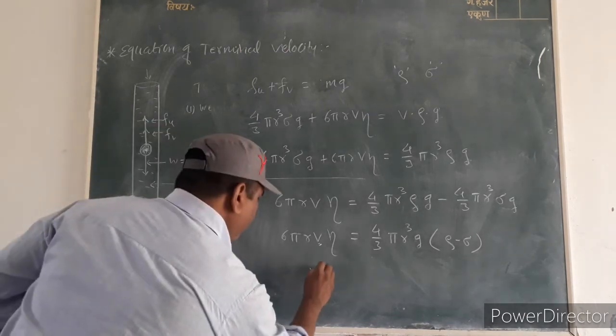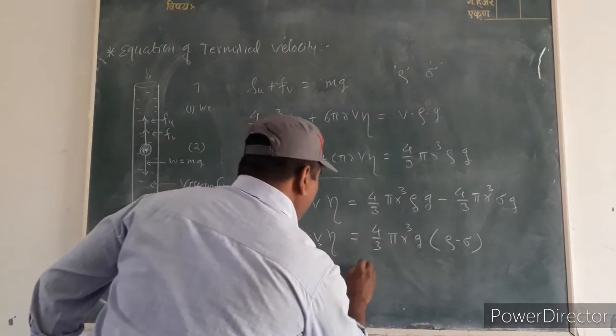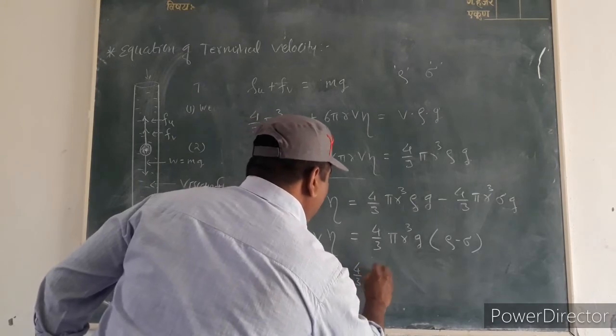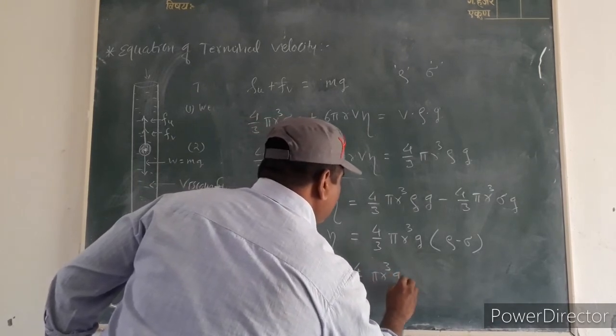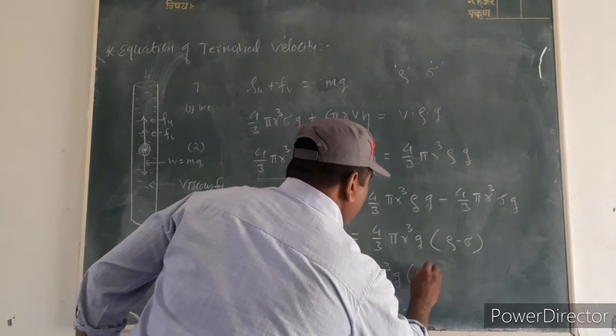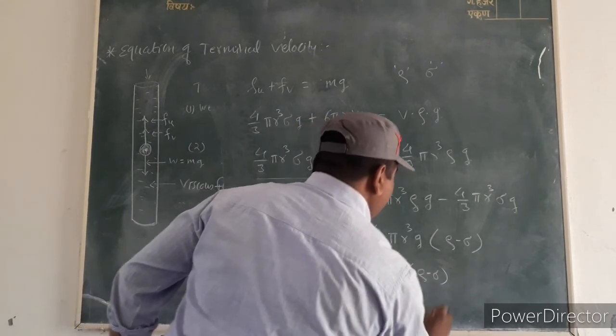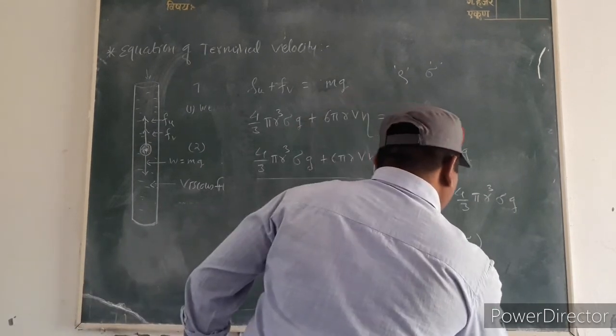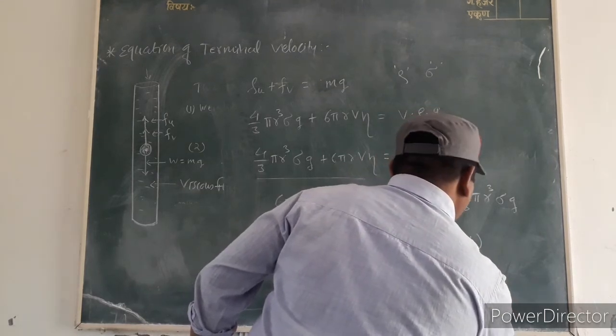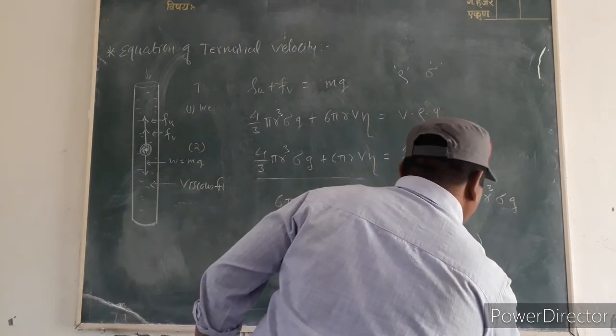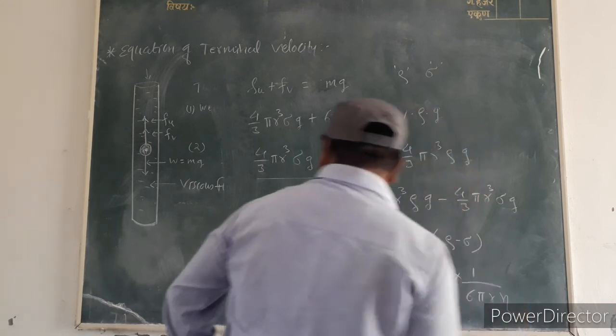Therefore v is equal to 4 by 3 pi r cube g into bracket sigma minus rho into 1 upon 6 pi r eta.